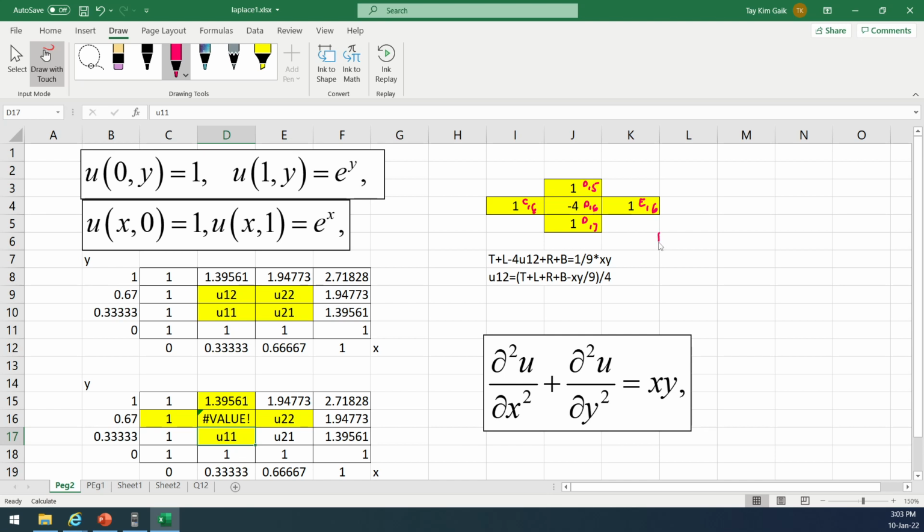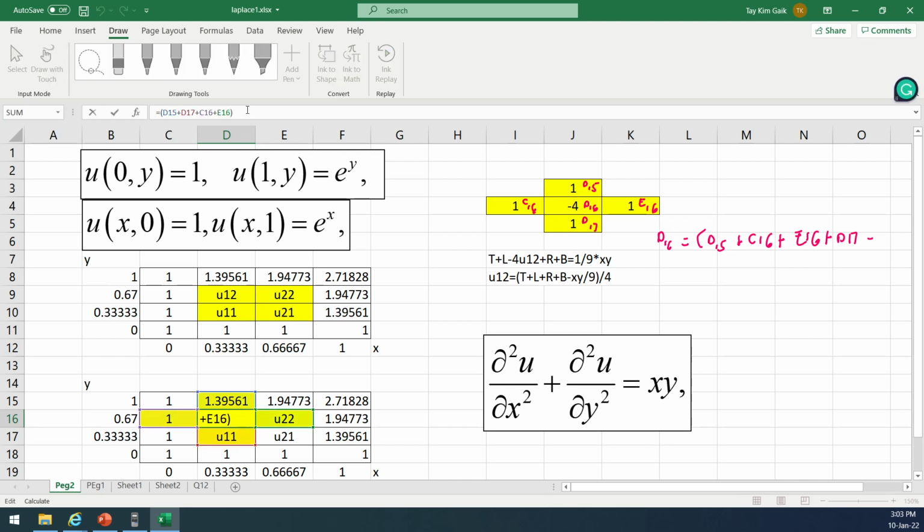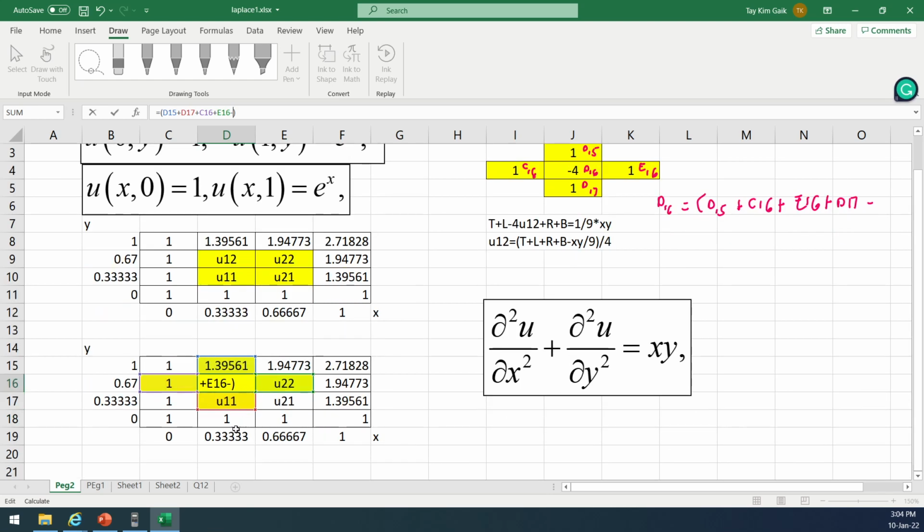Then at cell D16, you key in your formula: D15 plus C16 plus E16 plus D17 minus x times y. Standing at column D, x is 1/3, multiply y, which is 2/3 here. Then you divide by 9. Outside of the big bracket, divide by 4.